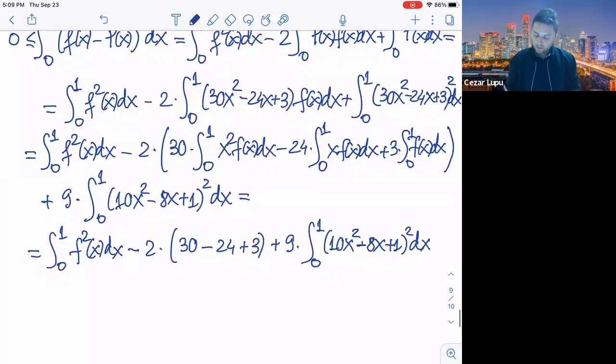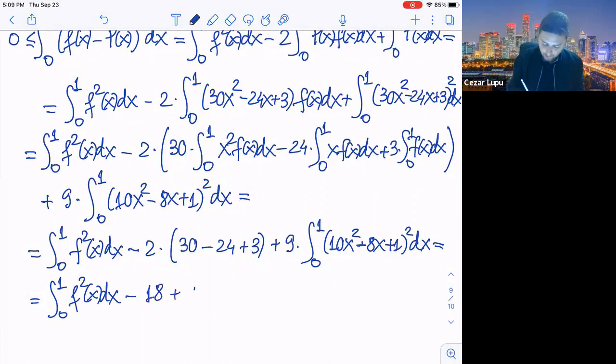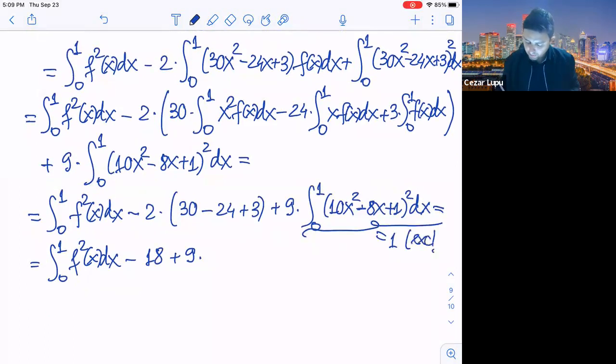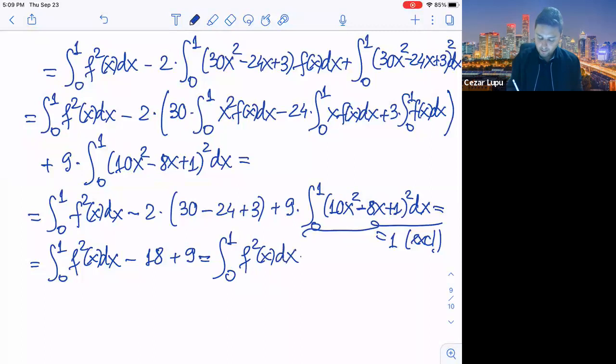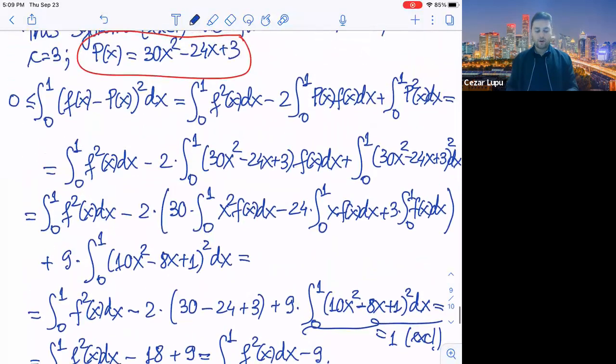Which will finally give us minus 2 times 9, plus 9 times, and this integral you can actually compute it. I'll leave this to you as an exercise because I don't want to do too many computations. This is 1. So this would be the integral of f squared minus 9. So the conclusion follows immediately.